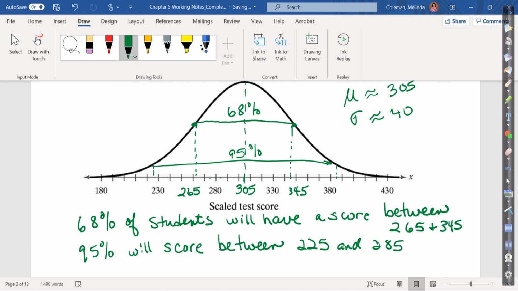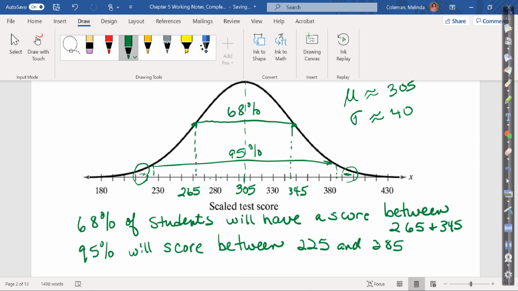So that gives you a really good range of where the students should score. Meaning, if they score here, they're really below what the average would be. Likewise, if they score here, they're really above what the average would be. And only a couple percent of the students are going to fall here, and only a couple percent will fall there.